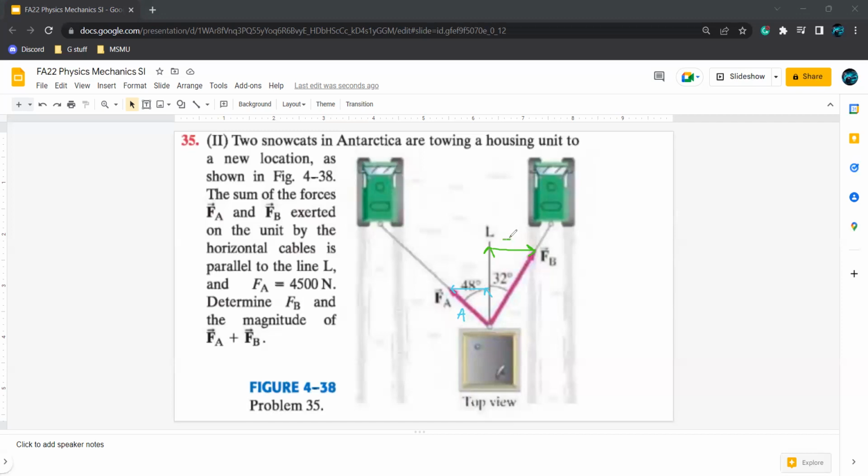So we'll probably have this as positive x here, and this one as negative x. Right, because if the x's are not equal to each other, then you're gonna have the housing unit move in one direction or another. So that's kind of how you know that they need to be equal. I'll type that somewhere.